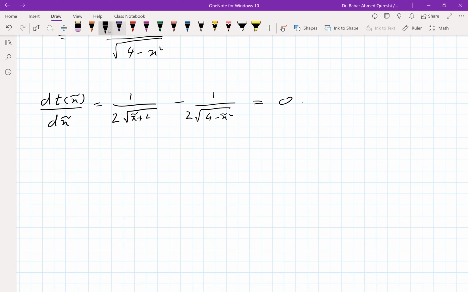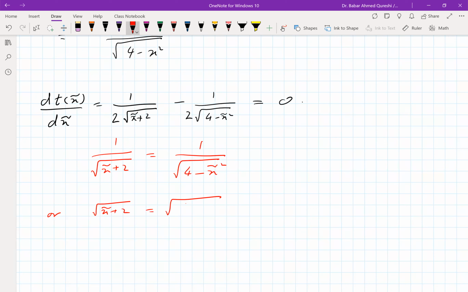So that simply means 1 over, or I can invert, take a square.